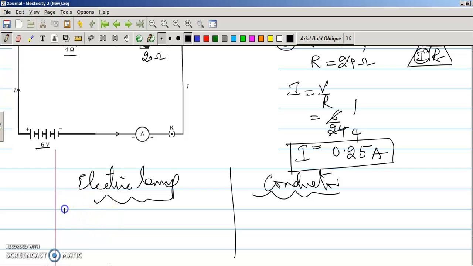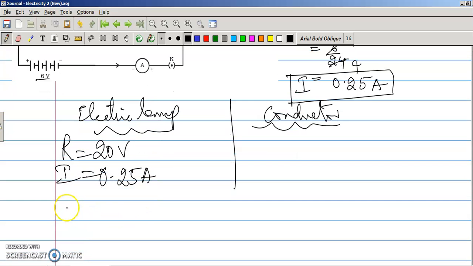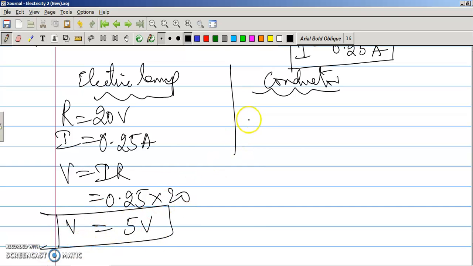For the electric lamp, the resistance is 20 ohm, and the current flowing is the same current flowing all throughout the circuit because they are in series, so it is 0.25 ampere. V is equal to IR, so 0.25 into 20, that becomes 5 volt. So the potential difference across the electric lamp is 5 volt.